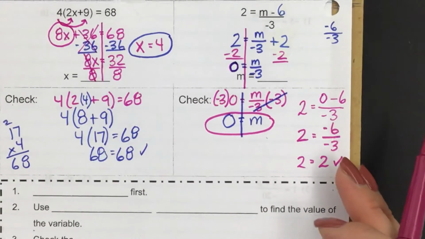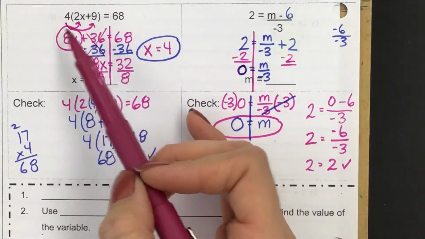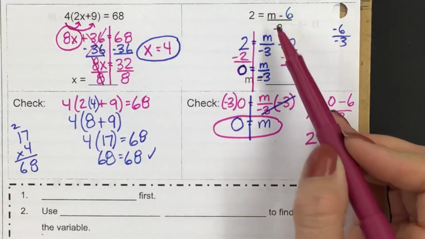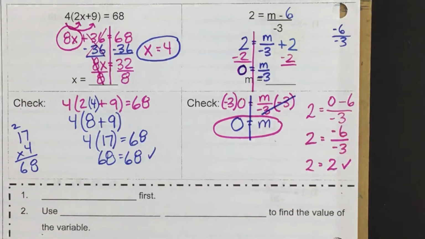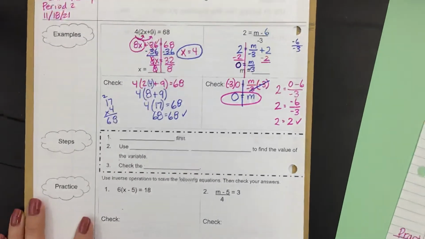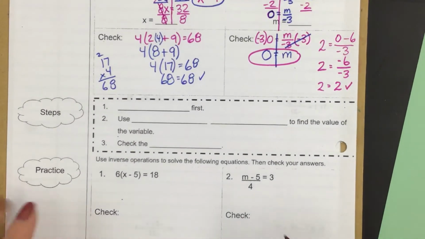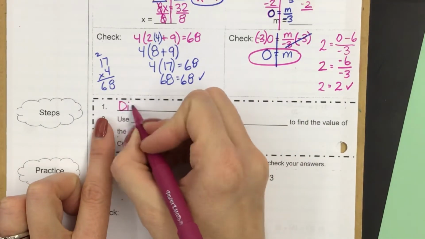So basically, the first thing you're always going to be doing is distributing. Whether it's distributing like this or distributing by your dividing. Okay? So let's zoom out for just a second so we can put our steps in. So step 1 is going to be to distribute first.